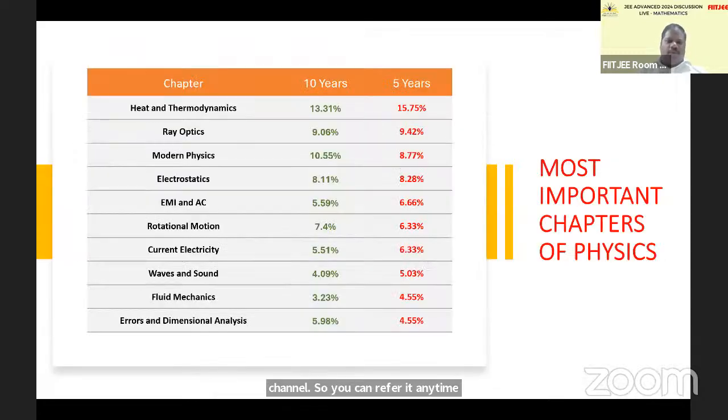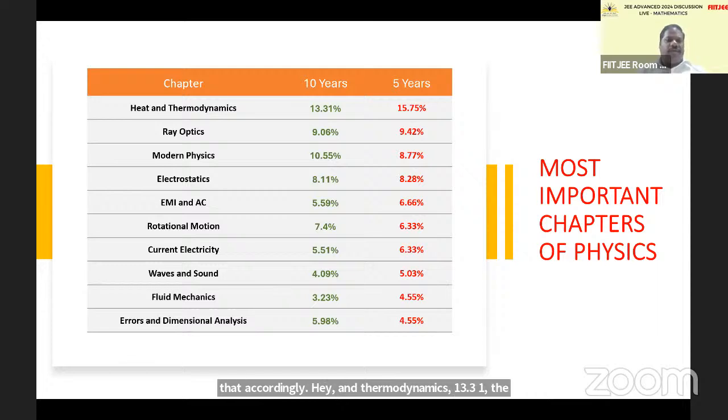See the chapter importance also. In physics, we have given here the last 10 years, 5 years, a different level of data is again provided for you. Chapter wise, the ratio is being given, the percentage is being given. This is all for your statistics to refer to and work on accordingly. Heat and thermodynamics, 13.31, in the last 5 years, it was more.